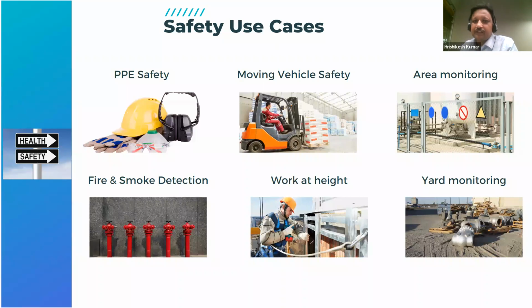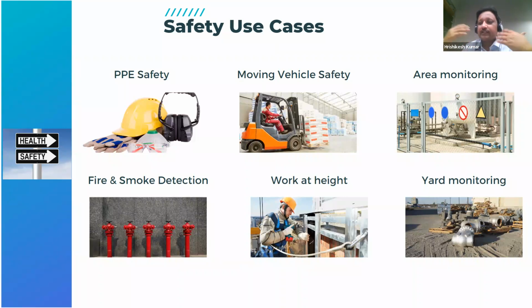Some of the safety related use cases which are getting deployed right now, both through sensor based technology and through computer vision technologies, are personal protective equipment. So making sure that the person is wearing the helmet, the safety gloves, and if the person is working at height, making sure that they have the harness. Fall injuries are really high, especially in the construction industry, so making sure that the people are wearing those harnesses.